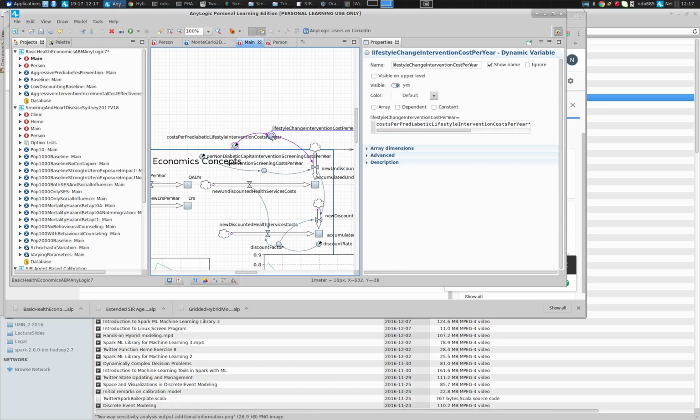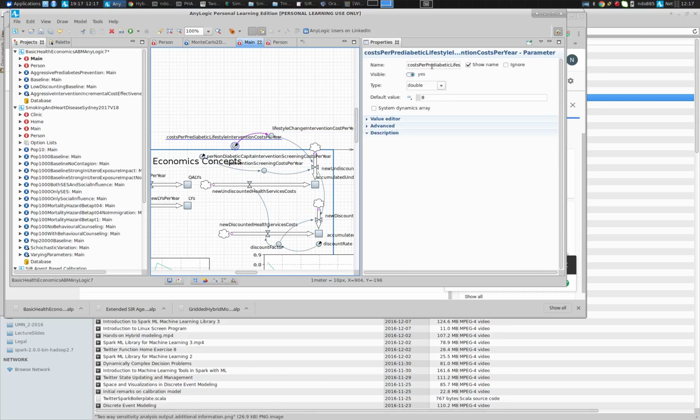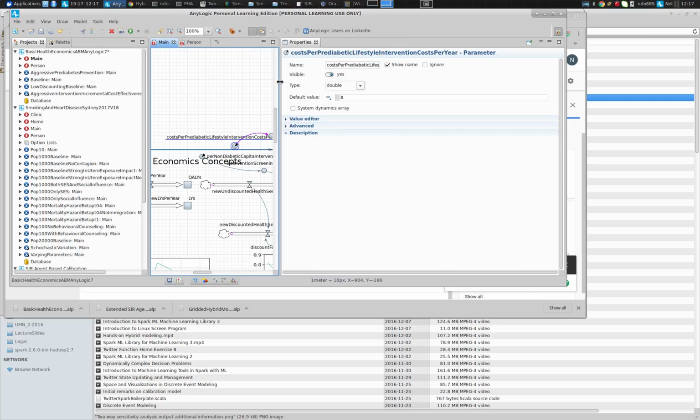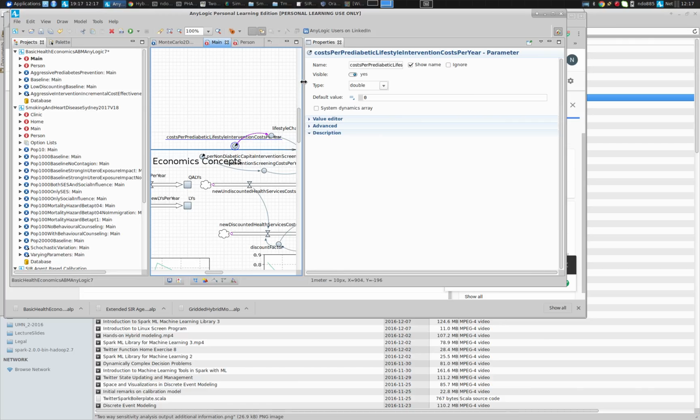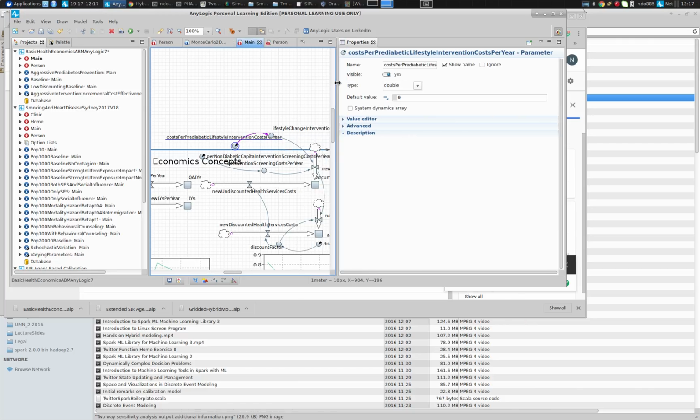So these intervention-related factors are going to be imposing costs as well. And you can see there's costs per pre-diabetic lifestyle intervention. So if we're intervening on people, we will bear a cost associated with that, which will factor into these costs.